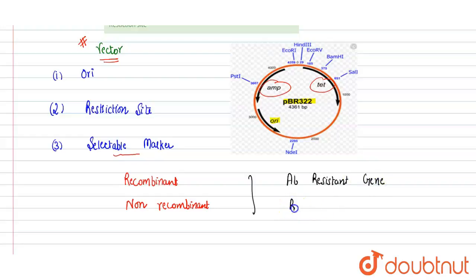Blue-white screening also acts as one of the important and widely used selectable markers, with the help of the enzyme beta galactosidase. So there are multiple other selectable markers used for detecting recombinants from non-recombinants, because otherwise we can't detect them unless a selectable marker is present.